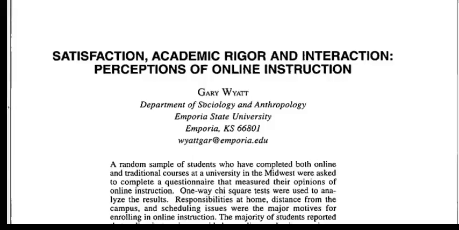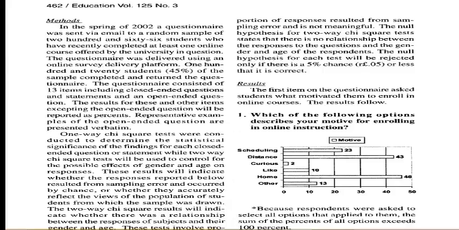So if we turn to page 462, we see their methodology, and you can see why they chose the chi-square as their technique. Because here they're using a questionnaire, and there are closed-ended questions and statements on the questionnaire. It looks like there are also a few open questions. But regardless, the question answer is one variable.